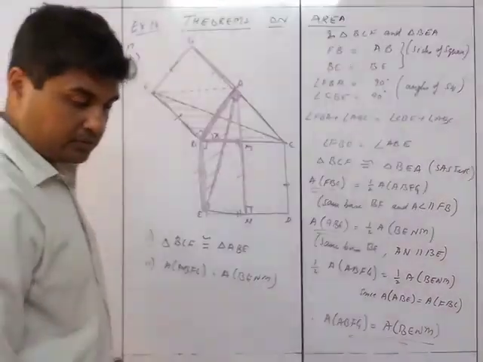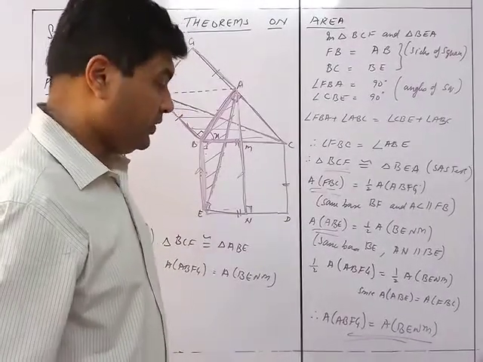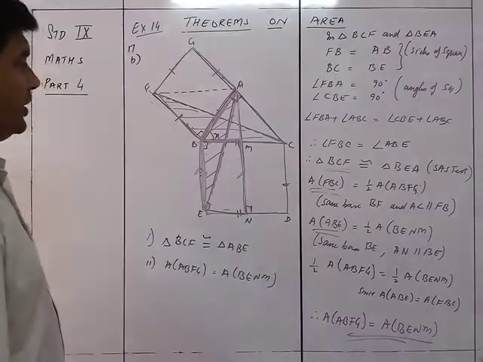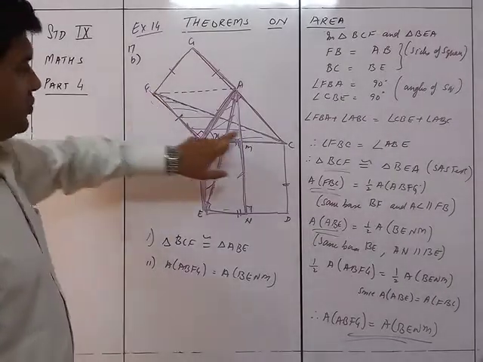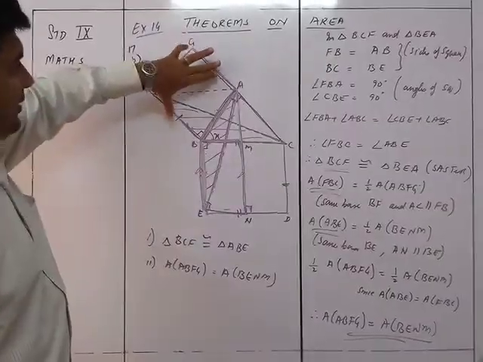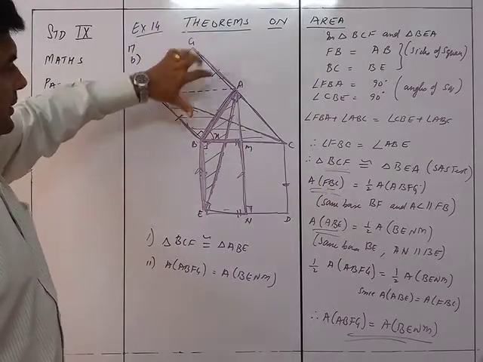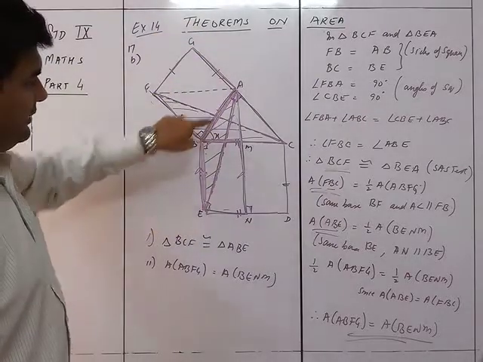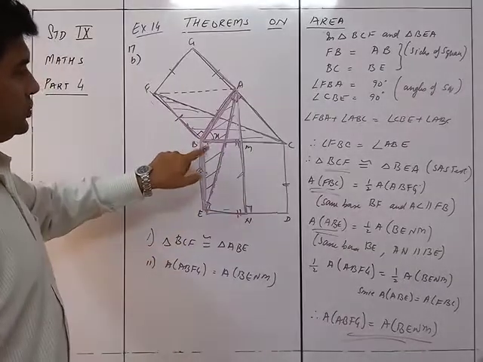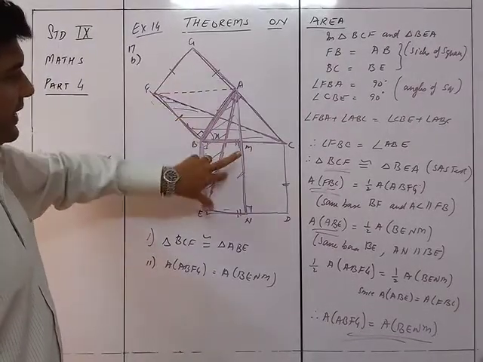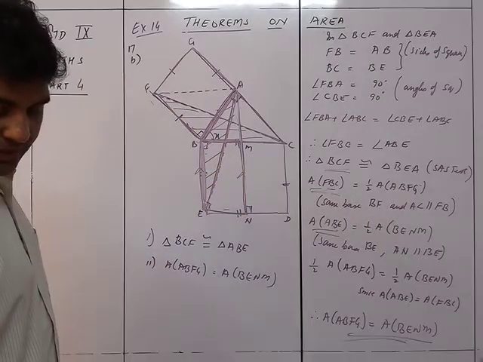Hence proved. This is what we require for the last sum. Got it? This triangle is half of this square and this triangle is half of this rectangle. So automatically this square and this rectangle will be having equal areas.